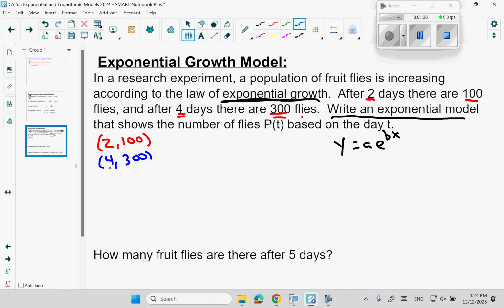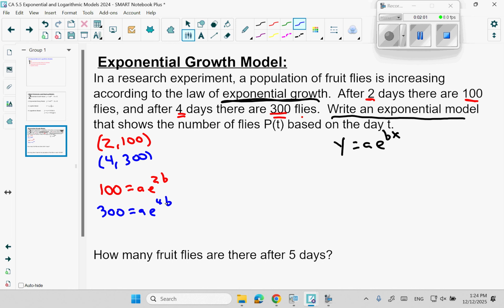So I can plug those in for x and y as separate equations. So we get 100 equals a e to the b times 2, or 2b, 2 going in for that x, and order doesn't matter in multiplication, and 300 equals a e to the 4b.